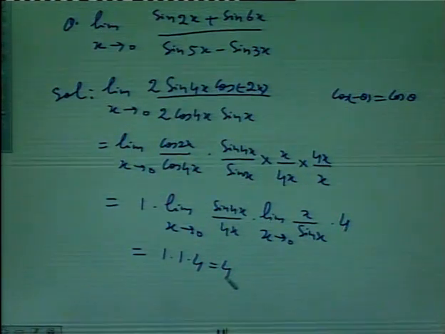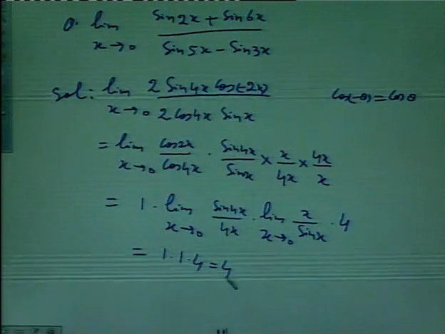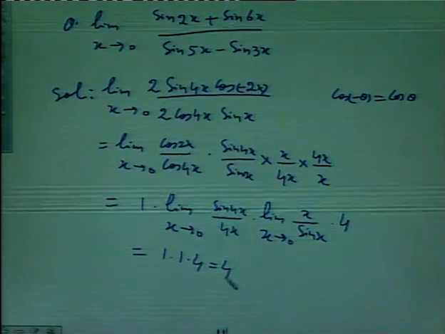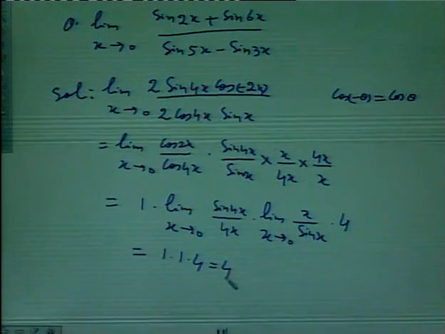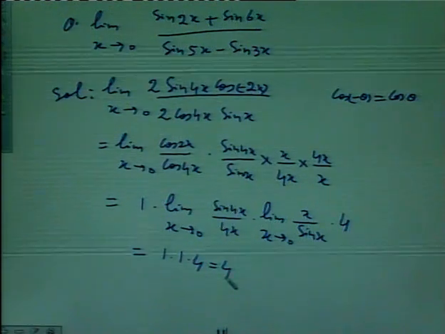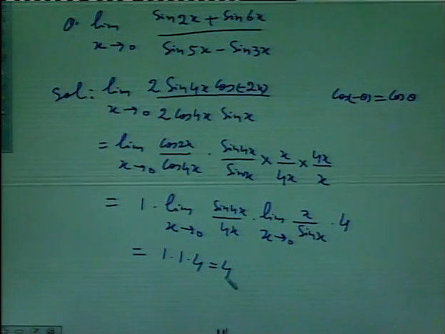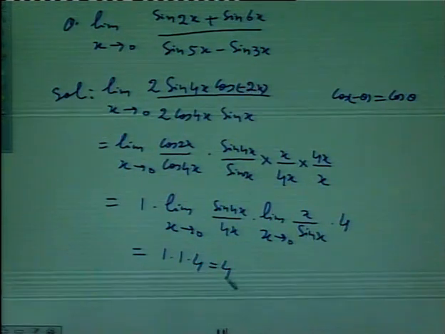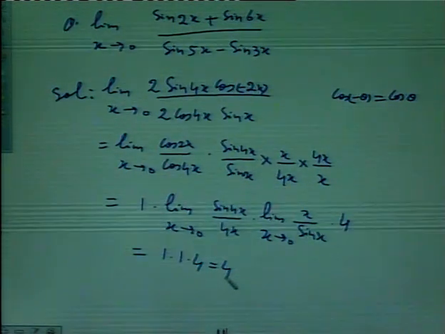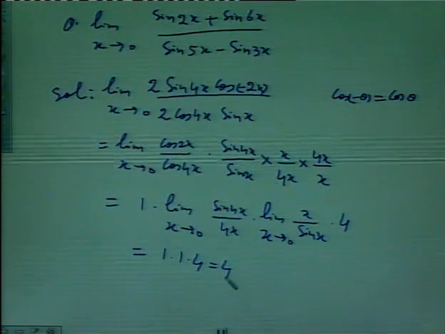Again, the question was very simple, but some trigonometry is applied. The formula of C D formula, sin c plus sin d for the numerator, and sin c minus sin d for the denominator.